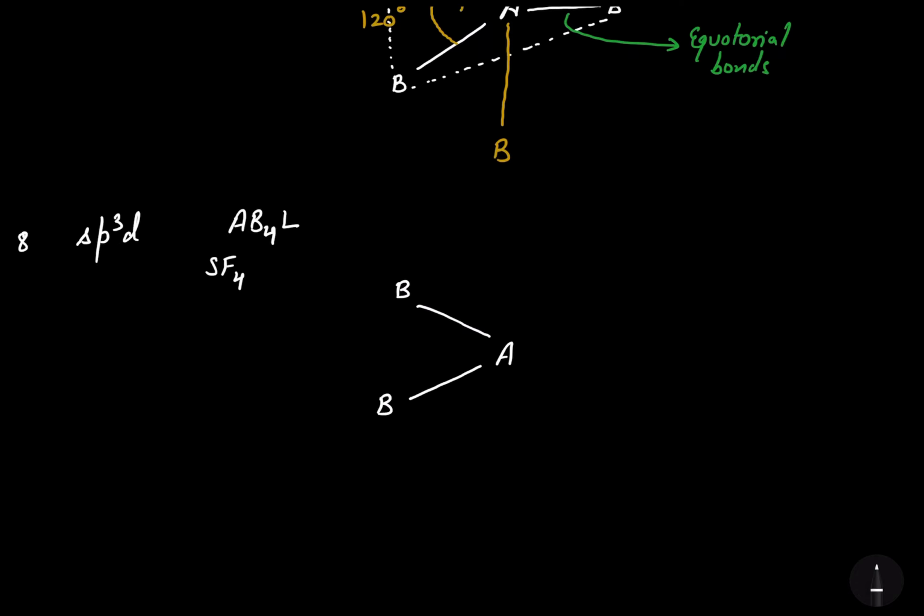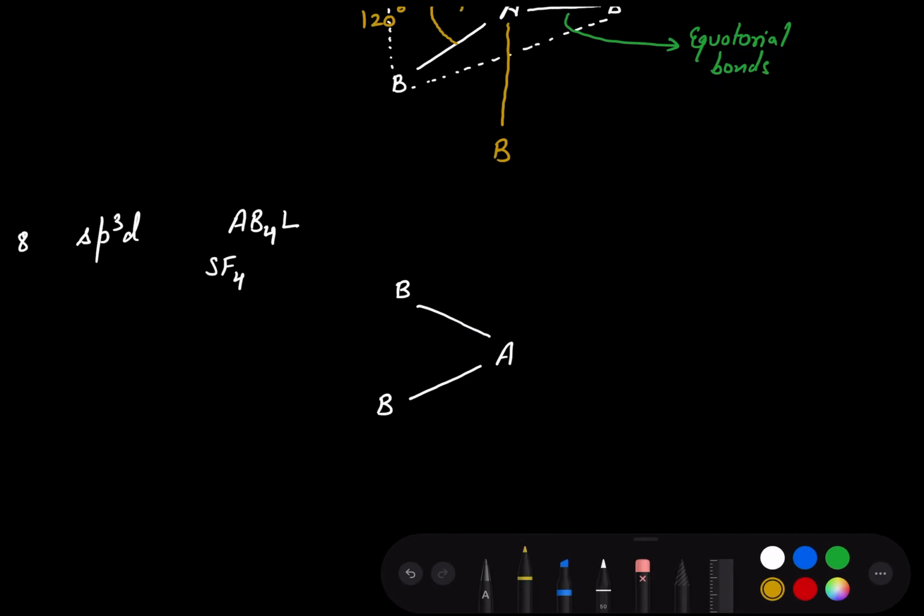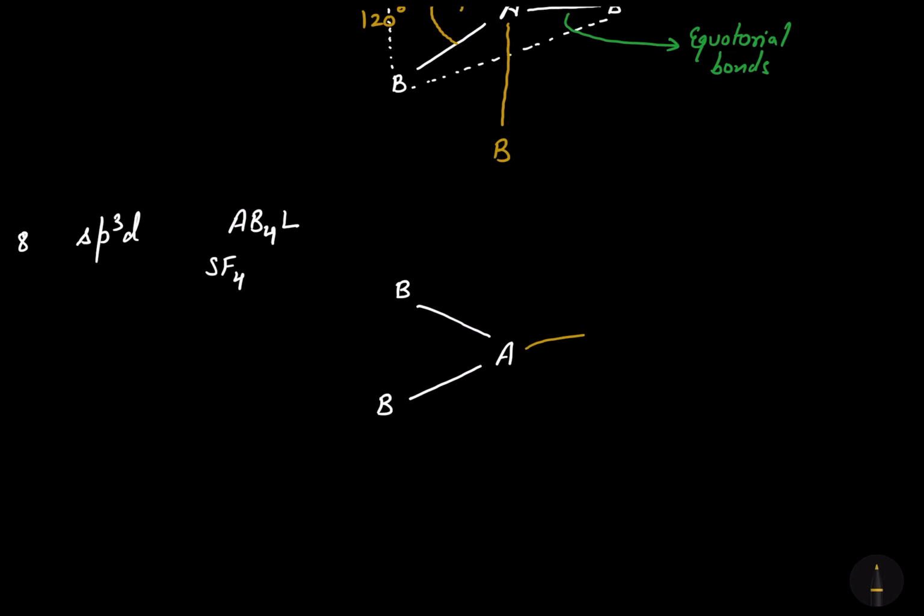In case of sp3d hybridization, if a lone pair is there, then that lone pair will always hold the equatorial position. So we are having the lone pair on one of the equatorial positions. I'm just imaginarily linking this lone pair with B's just to make you understand the structure in 3 dimensions.